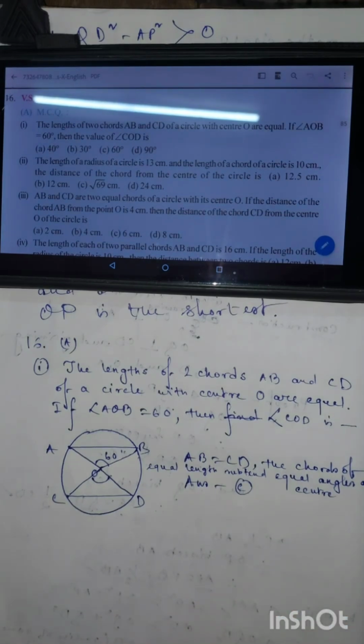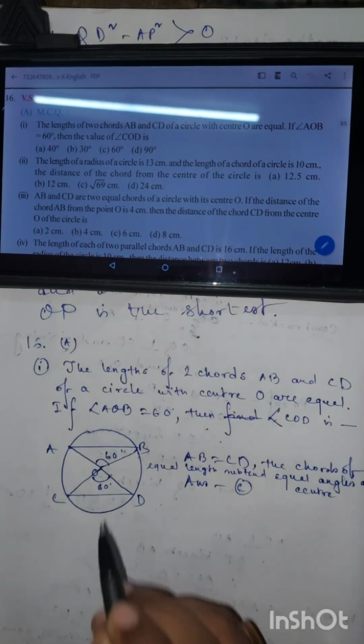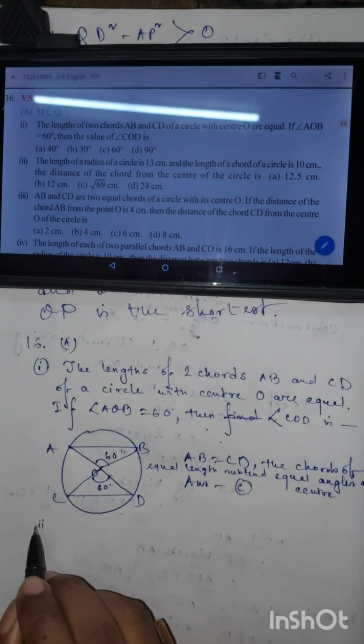The chords of equal length will subtend equal angles at the center. So this should also be 60 degree. This is our answer. Now let us proceed to 2.